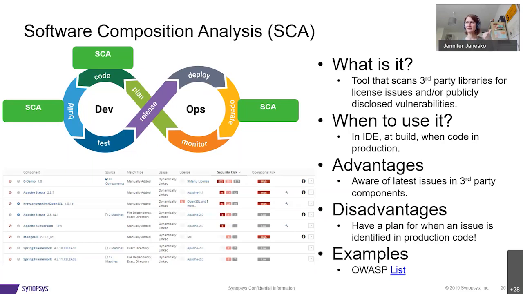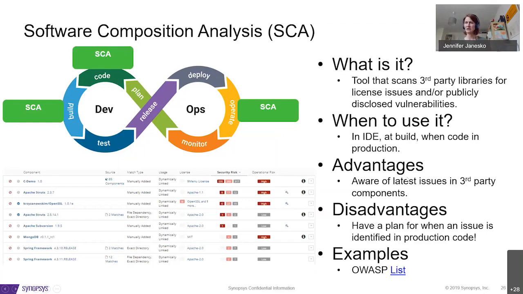So software composition analysis can help you find those licensing issues and fix them, and also find vulnerabilities in the code that you didn't write. And then you have to make a decision: do I use this code base or not? And if so, how do I use it safely?